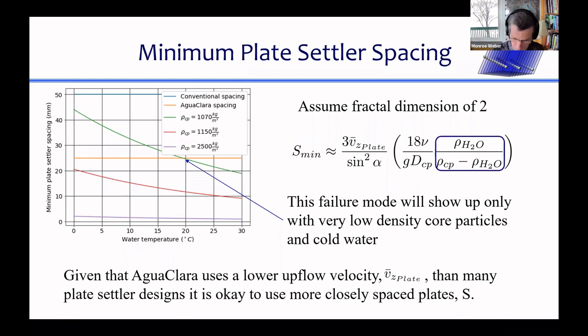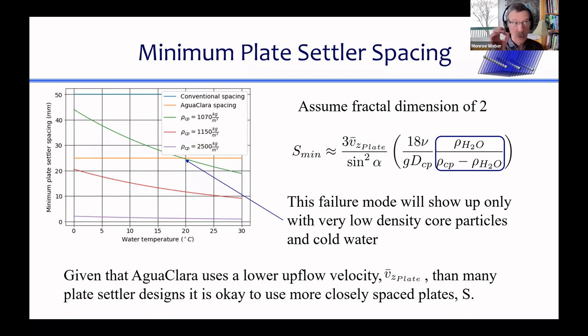Another thing to point out is that a really important factor is this density of water divided by the density of the core particle that makes up the flock. Like it could be a clay particle or it could be some dissolved organic material that has become particulate, minus the density of water.